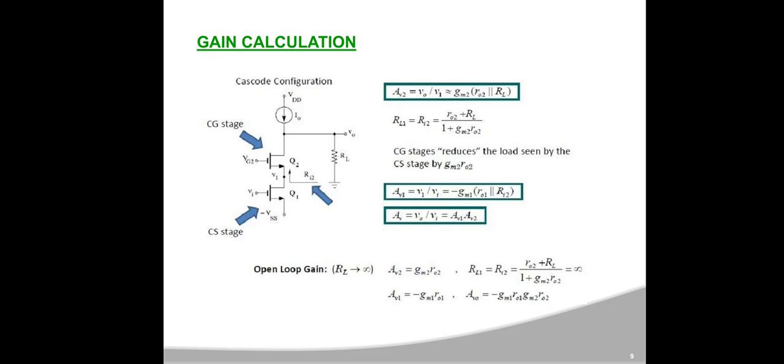When the load resistance tends to infinity, the gain of common gate is given as gm2 into ro2, and the gain at common source is minus gm1 into ro1, where the overall gain is given as minus gm1 gm2 into ro1 into ro2.